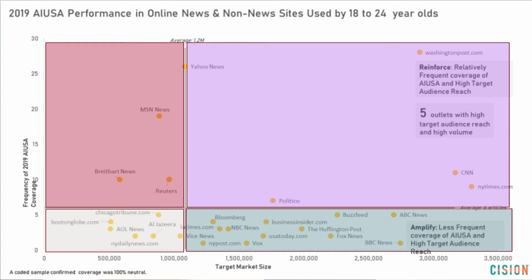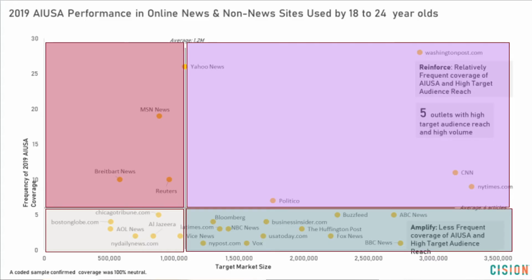The outlets in the lower left corner, these are Boston Globe, Al Jazeera, AOL News, can be pretty much ignored. It would be okay if they don't invest much time or resources or money because they don't really write about Amnesty International a lot, but it doesn't really matter because they also don't reach a lot of target audience members.